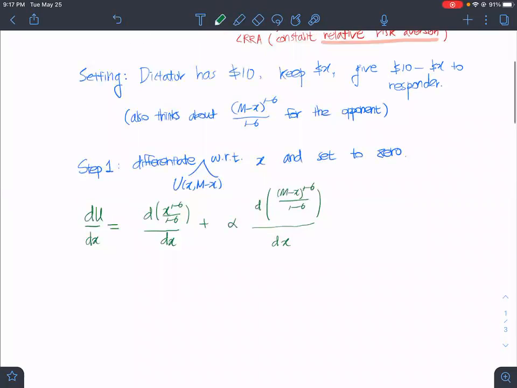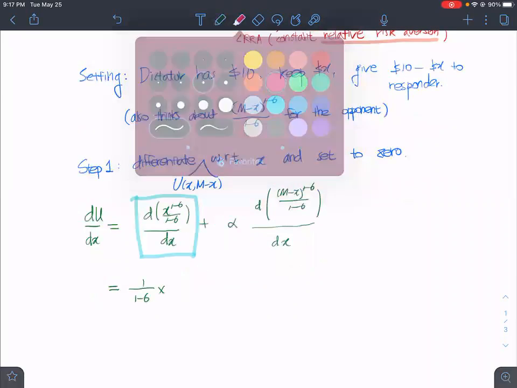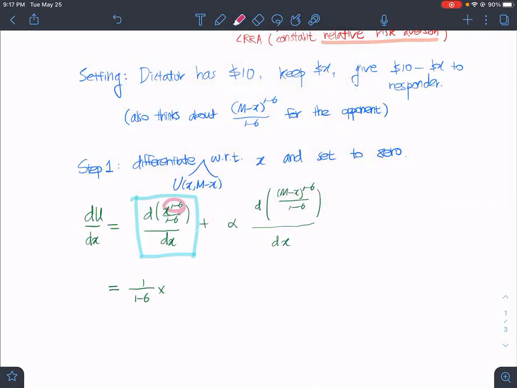Now, one nice thing when we use the CRRA function is that if I differentiate this first blue box, I will have 1 over 1 minus sigma first. And then if I take the exponent to the ground, I will have 1 minus sigma here. Then I will have x to the 1 minus sigma minus 1.